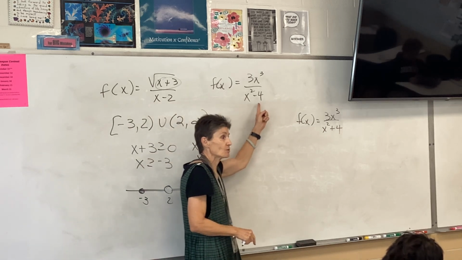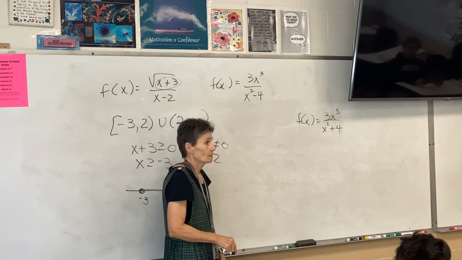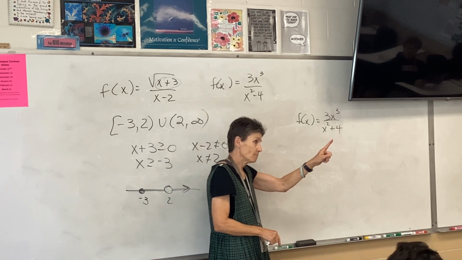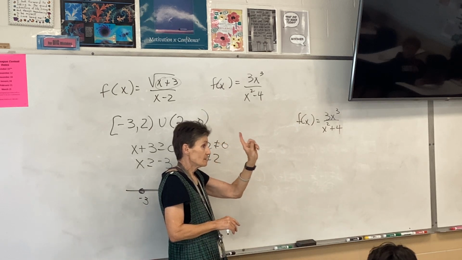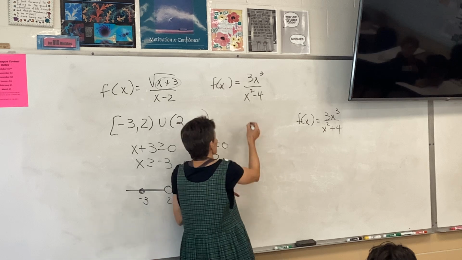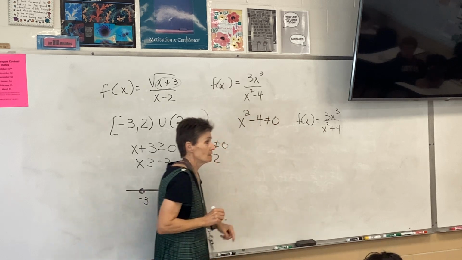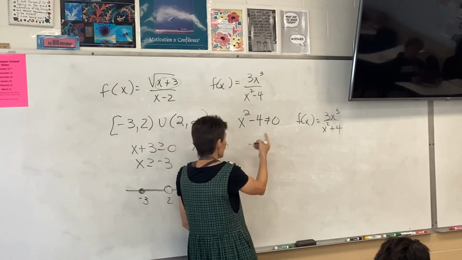All right, how about this one? Anybody come up with an answer to this one? Okay, Tyler, is there a radical to worry about? No, good. The only thing you have to worry about is the denominator. So x squared minus 4 cannot be 0, which means you can solve this a couple ways.